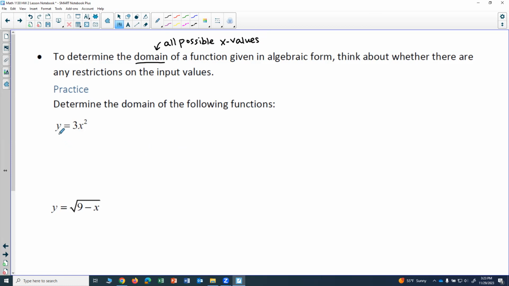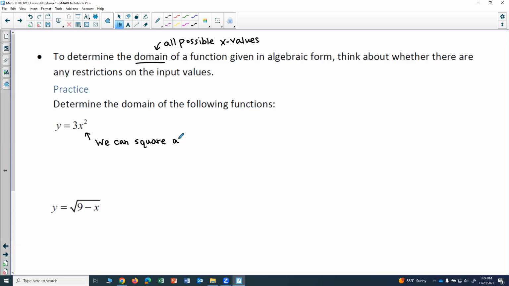For example, if we had y equals 3x squared, what you want to think about is, can you square any number, or are you restricted to only certain numbers that are allowed to be squared? So because we can square any number, that would make our domain all real numbers.